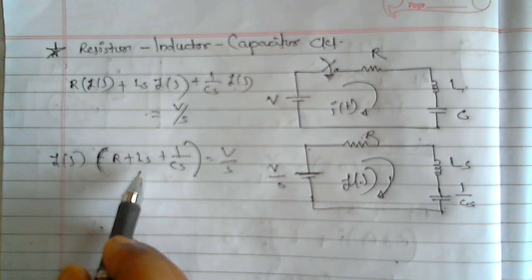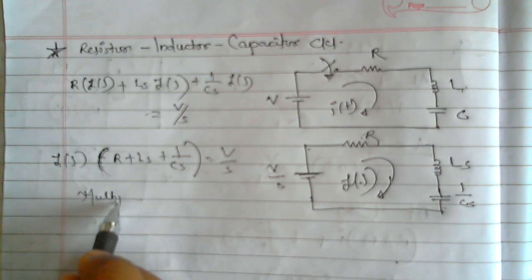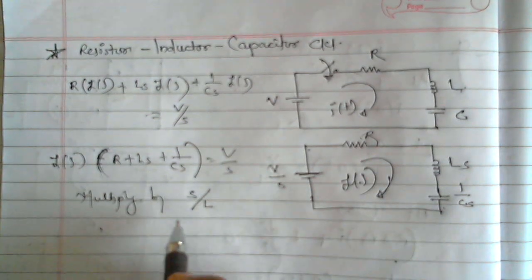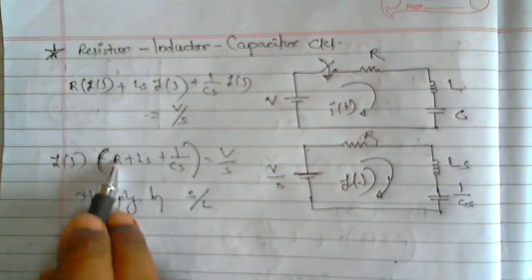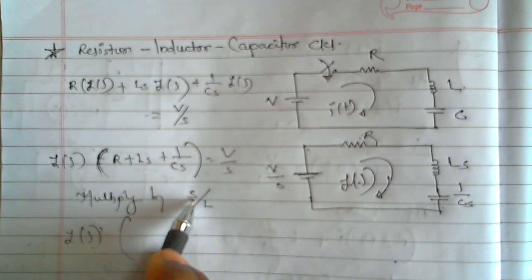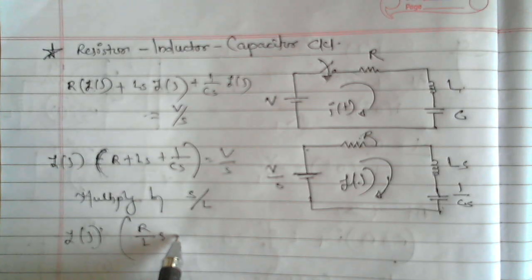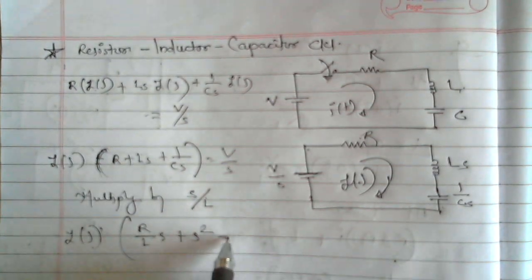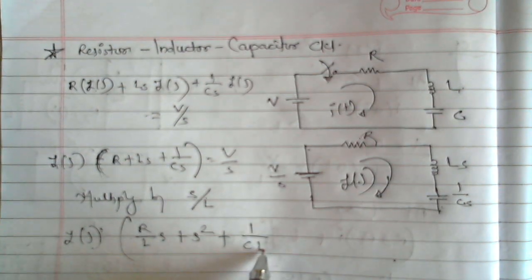Okay, I will multiply by S by L. Let's see what happens. I of S into, when I multiply R with this term, it will be R by L S, plus here L will get cancelled, it will become S square, plus here S will get cancelled, it will become 1 by CL.